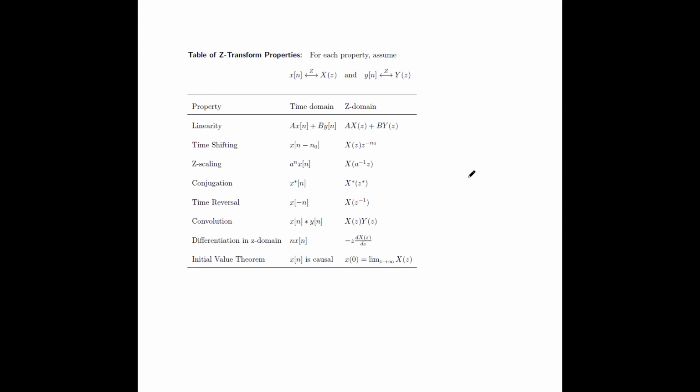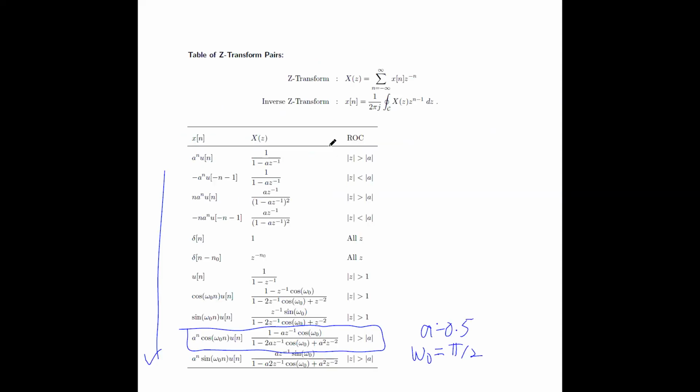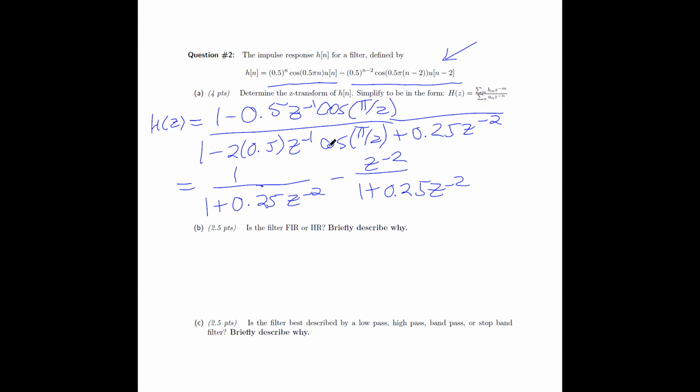You'll get it from the table of Z-transform properties. It says take the Z-transform naturally and then multiply by z to the negative 2, which is the same as the delay n naught. Okay, and you just combine like terms and simplify it: 1 plus z to the negative 2 over 1 plus 0.25 z to the negative 2. And that's my answer.